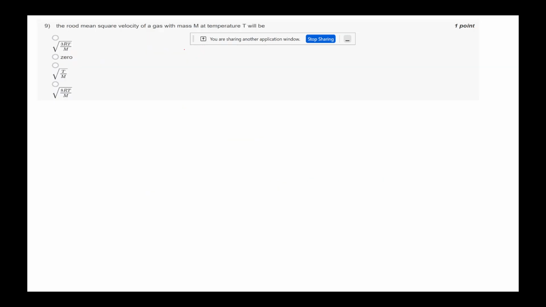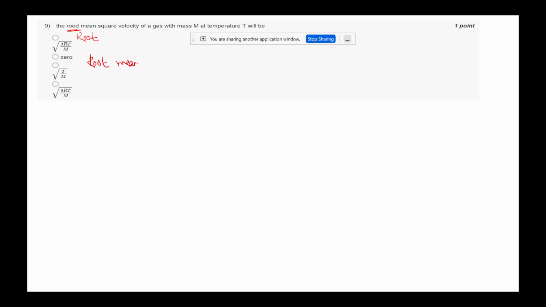Okay, so problem number 9 says, this is a typo, this is root mean square velocity of a gas with mass m at temperature T. Now, what is root mean square at first?